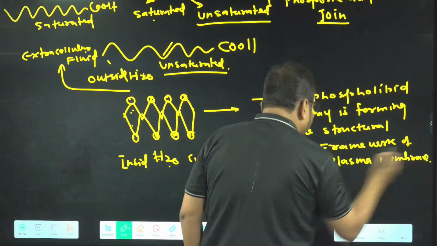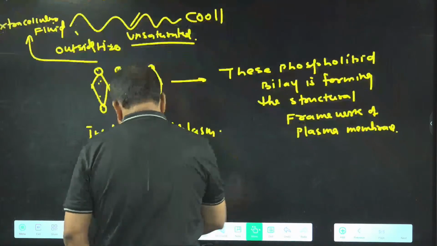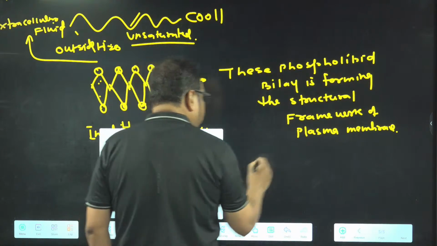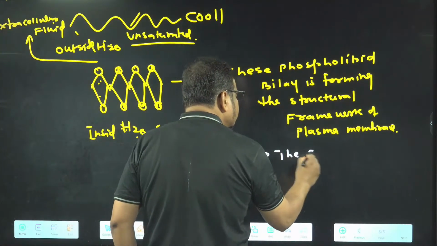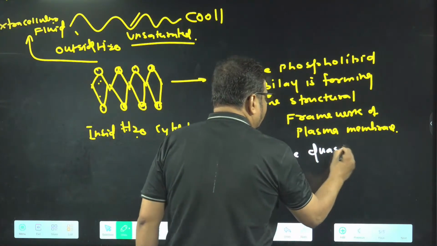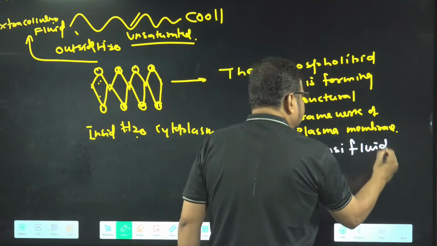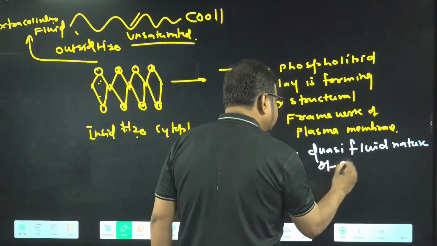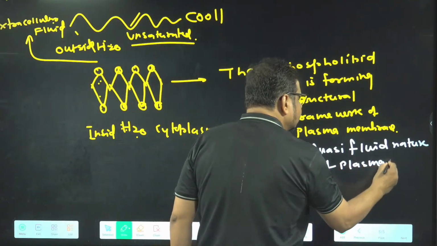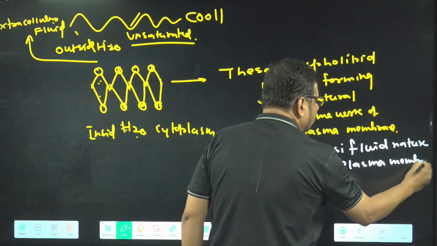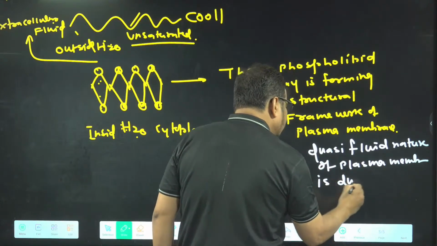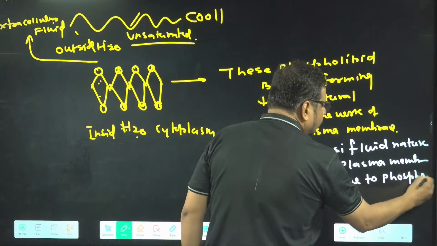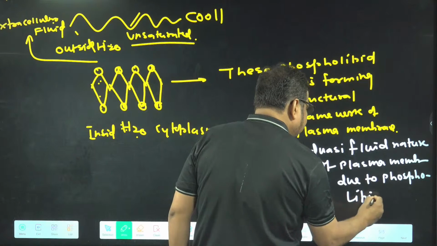Phospholipid is forming the structural framework of the plasma membrane. And one very important thing I am writing: the quasi-fluid nature of the plasma membrane is due to the phospholipid bilayer.